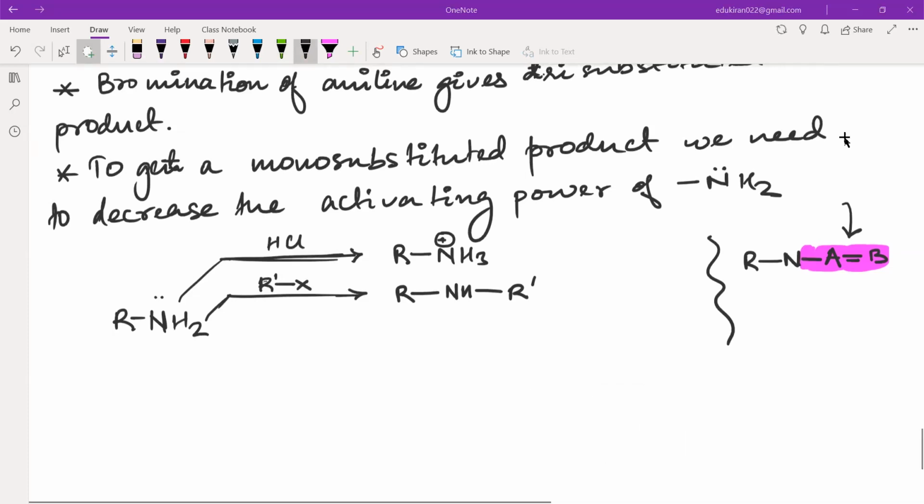What is the next reaction? Tell me. अगला reaction क्या था? What was the next reaction? Acylation. Acylation. What was the reagent? What was the reagent?